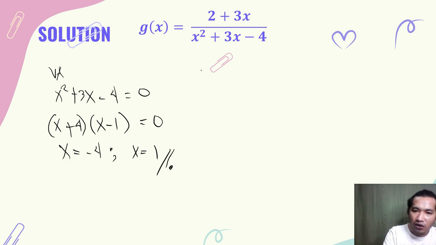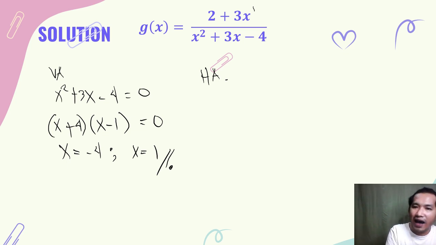Alright, so for the horizontal asymptote, we will examine first the whole function. The highest degree of our numerator is 1.